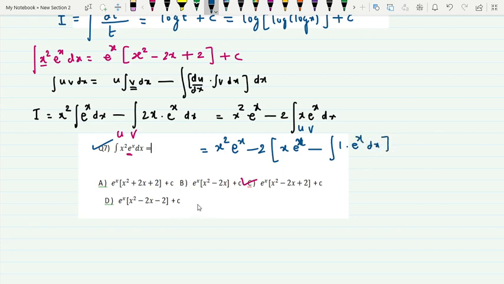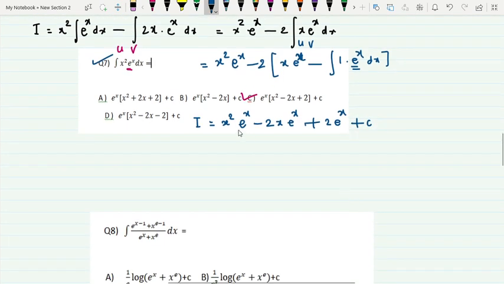So our integral I will be equal to x square e raised to power x minus 2 times x e raised to power x. This minus and this minus will give us plus, and the integration of e raised to power x is e raised to power x, so 2 times e raised to power x, plus constant of integration c.